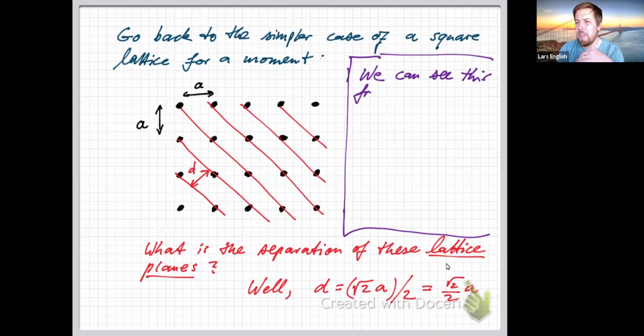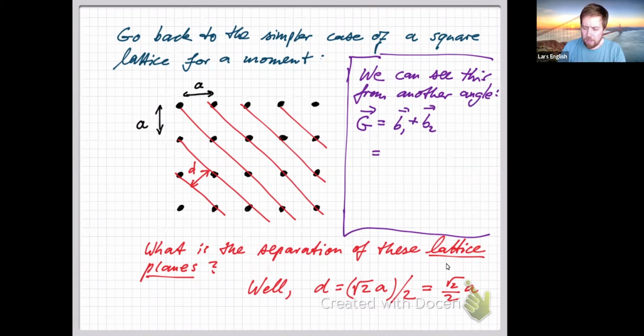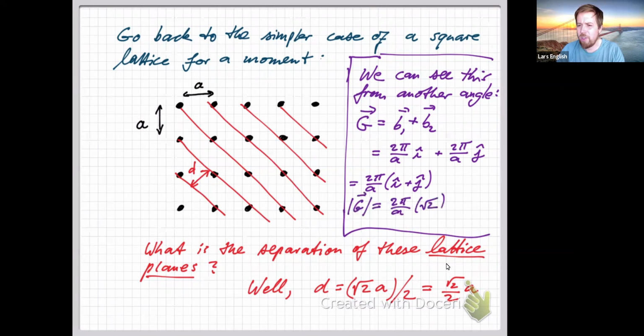But there is actually another way we can see this, namely one that argues from the G vector, from this reciprocal lattice vector G, which here is clearly B1 plus B2. Okay, so it's 2 pi over a i hat plus 2 pi over a j hat. Remember, we are back to the square lattice. And so I can write that as 2 pi over a times i hat plus j hat. Now I want to know what is the length of this G vector. What's the magnitude? That's fairly straightforward to figure out as well.